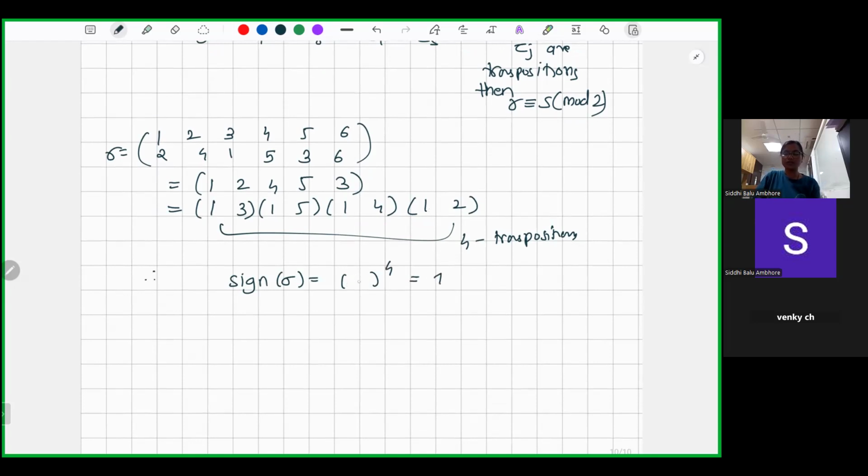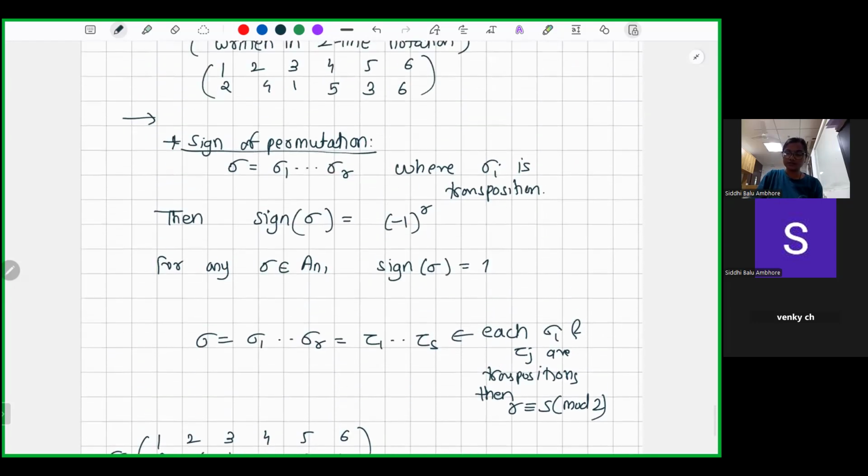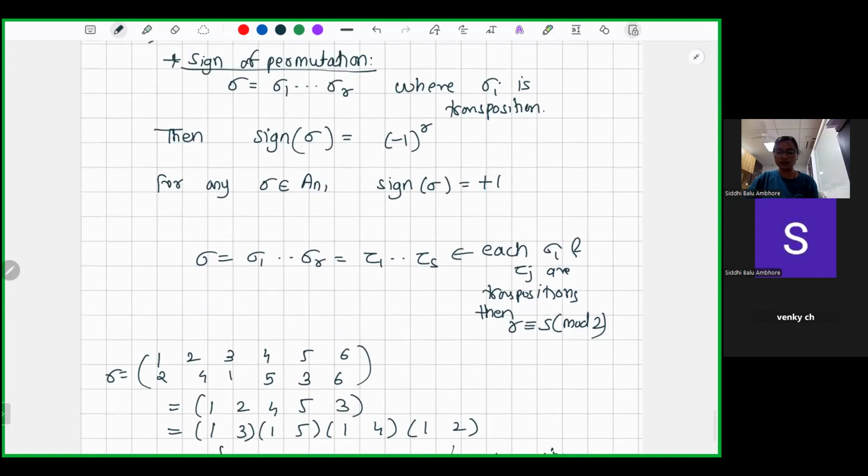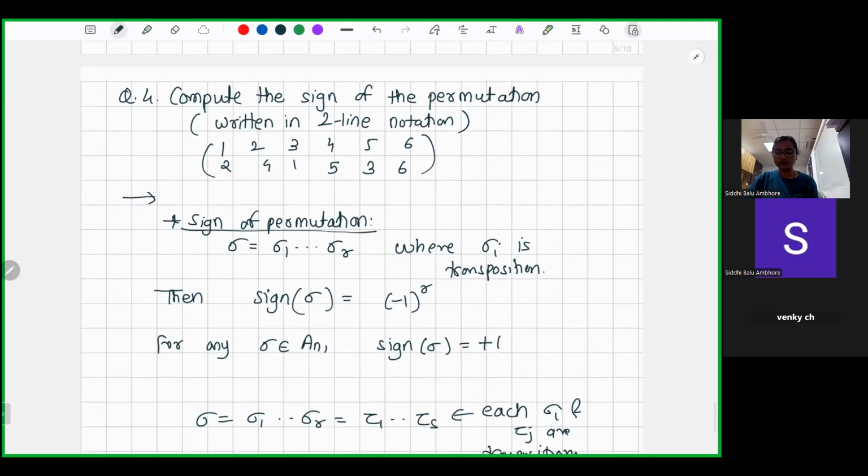So the sign of sigma is +1. We explicitly write them as +1 and -1, not just 1 and -1. Any doubts here? How to do this?